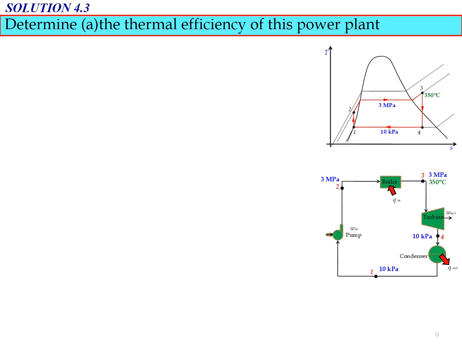Keep in mind, when you want to solve a problem involving the Rankine cycle, it is better to determine the important parameters such as enthalpy, temperature and so on for each state, state number 1 until state number 4, because later on we need to use these values to determine the thermal efficiency and so on.